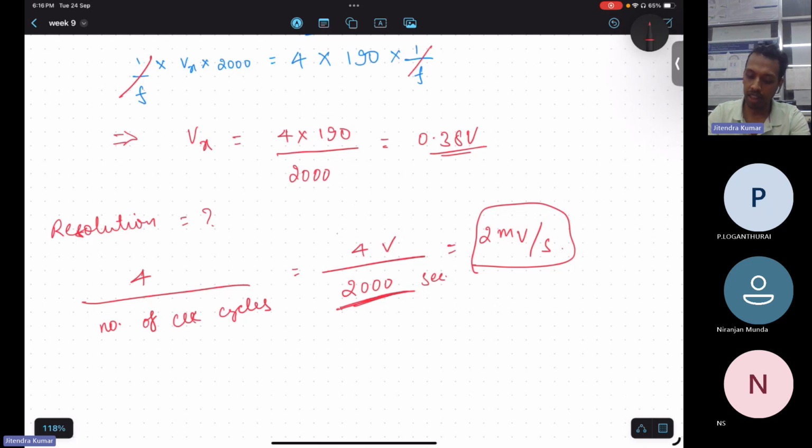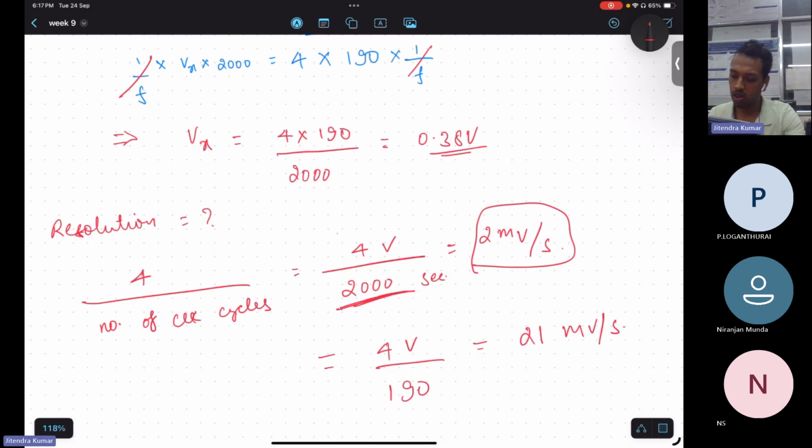Because we have to select the minimum of both. Why the minimum? Because the definition of resolution itself is the lowest possible value that can be measured. The lowest possible value with 190 cycles would be 4 divided by 190, which is about 21 millivolt.